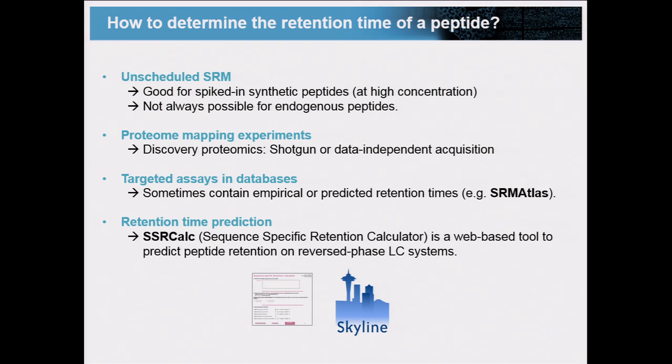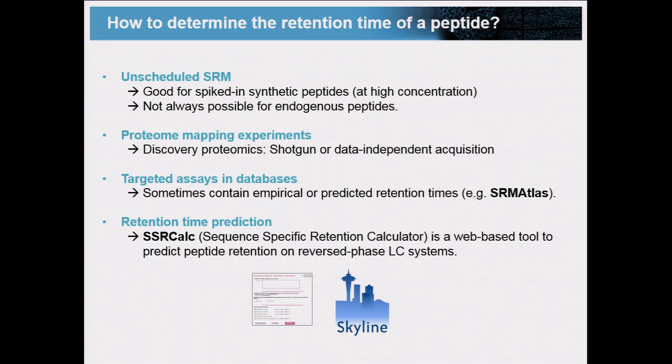And the other option, when we have no idea and no clue what we're looking for, is to use retention time prediction. So there are online tools such as the sequence-specific retention time calculator, SSRCalc, which is implemented in Skyline, but it's also a web tool if you want to use it, where you give sequences and some information, and then it tries to predict a retention time.